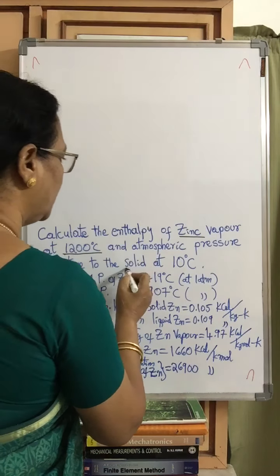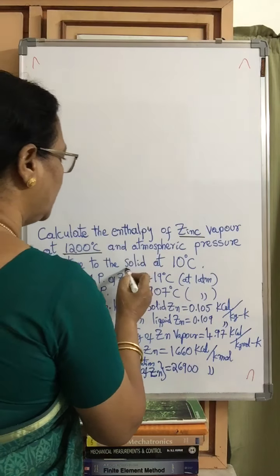Then this solid zinc, when you supply heat, the temperature will rise till the melting point. So what is the melting point of zinc? Melting point of zinc is 419 degrees centigrade. So till 419 degrees centigrade, zinc can exist in a solid form.